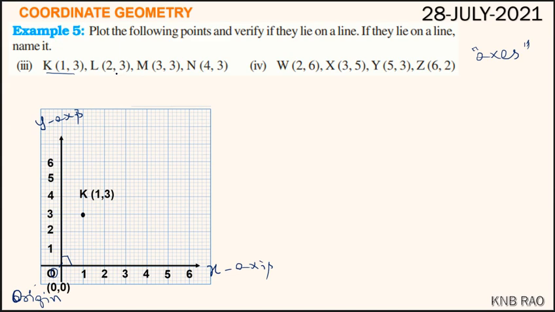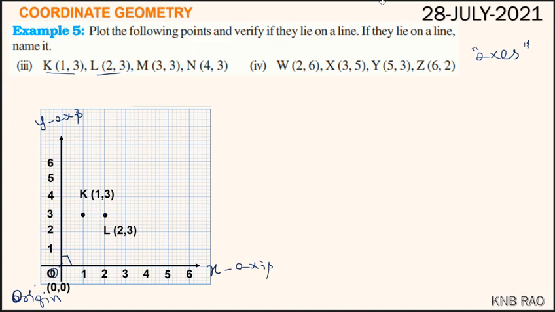Then I will mark L(2, 3). Here 2 is the x coordinate and 3 is the y coordinate. The point of intersection is 2 units away from the y axis and 3 units away from the x axis, giving 2, 3. Let me name that L(2, 3).